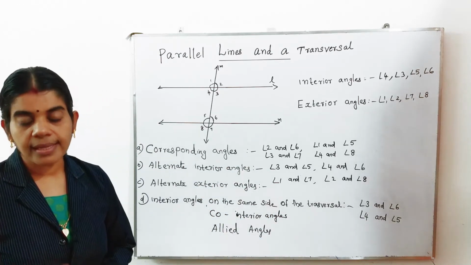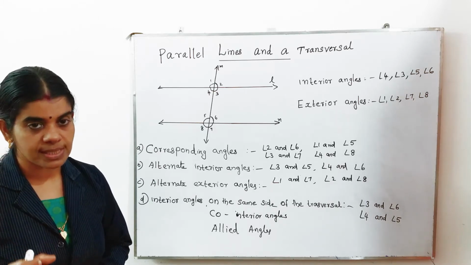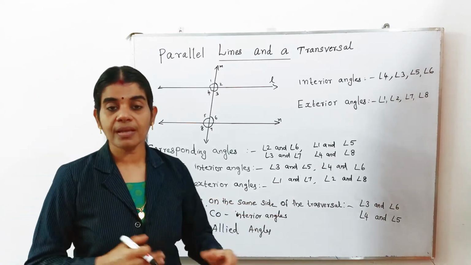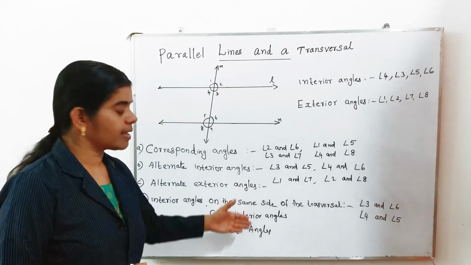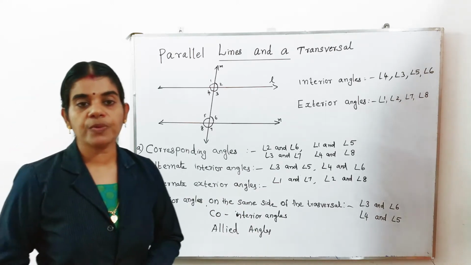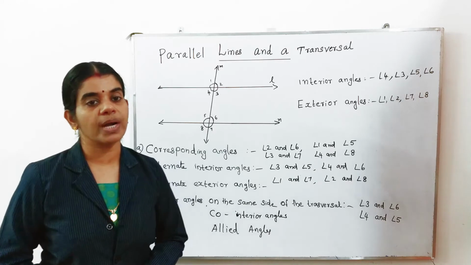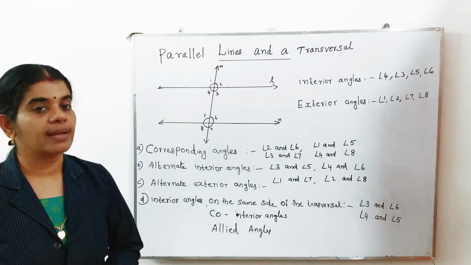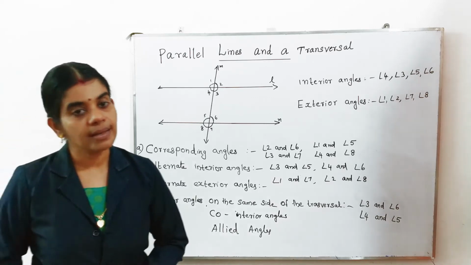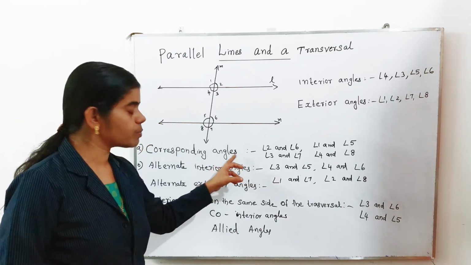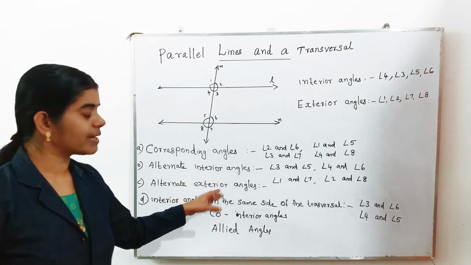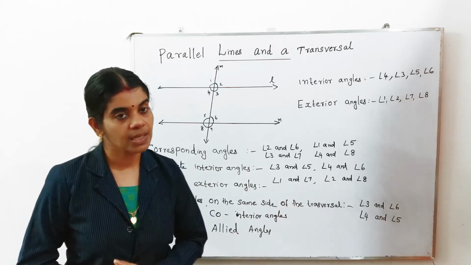So, if you want to show two lines are parallel, we can show that one pair of corresponding angles are equal, otherwise one pair of alternate interior angles are equal, or one pair of alternate exterior angles are equal. The first one is known as the corresponding angles axiom. This will be the alternate interior angle axiom. This will be the alternate exterior angle axiom. Like that it goes on.